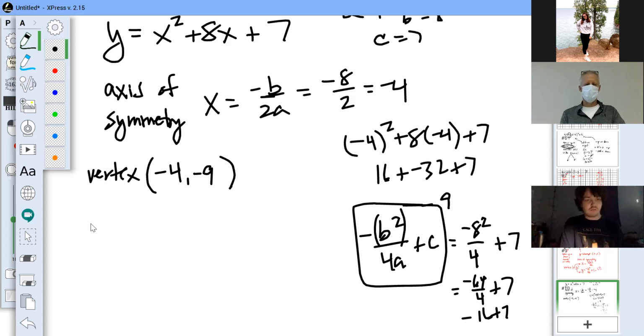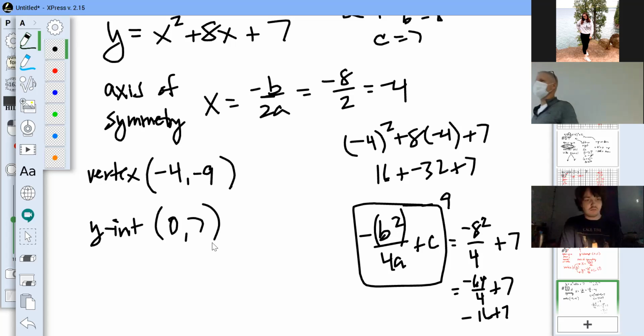Now your y-intercept is (0, 7). Here's the big question. If you're asked to find the x-intercepts, what are we looking for?